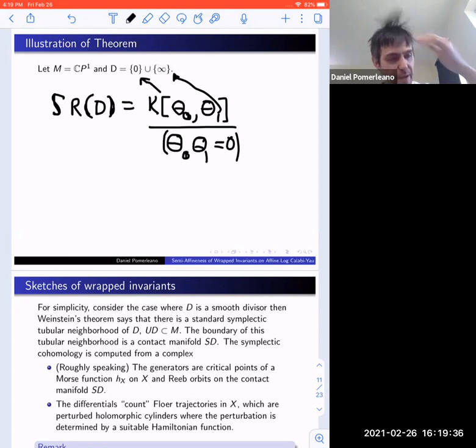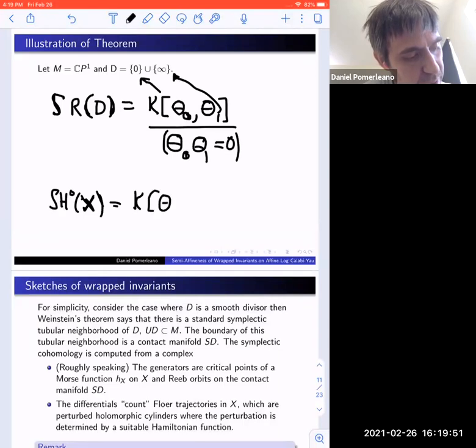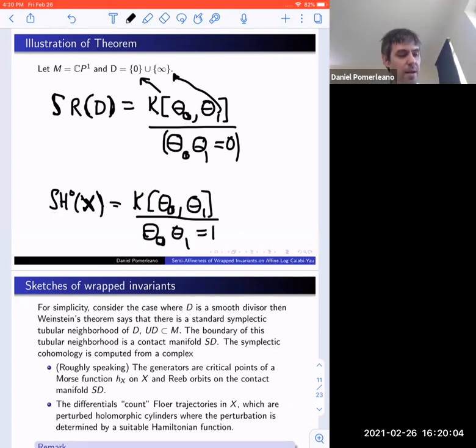And then the deformation in this case, SH naught of X, is well known. It's a classical calculation that it has the same generators, but the relation gets deformed to be theta 0 times theta 1 equals 1. In this case, it's easy to see what rational curves are contributing to the deformation.